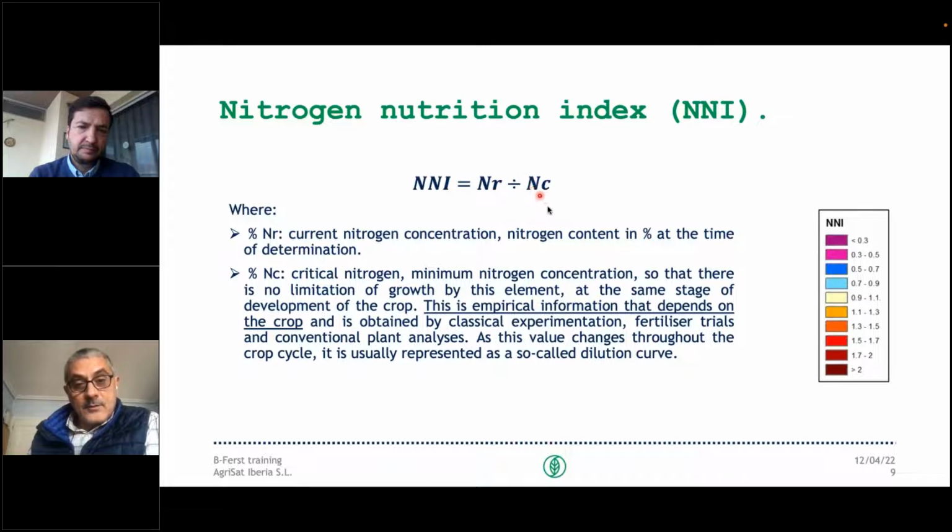This is a simple equation, and we obtain values about 1, above 1 or below 1. With this simple criterion, we can say if the nitrogen content at this moment in the crop is enough, there is a deficit, or there is an excess.